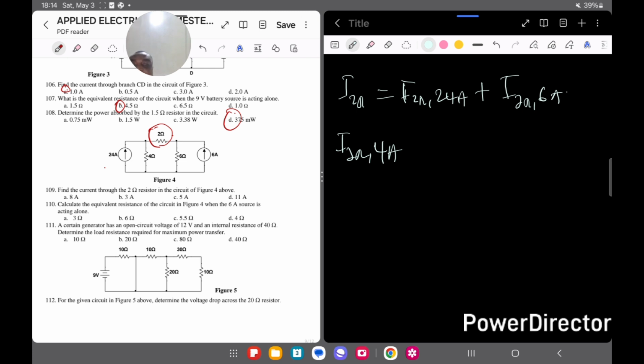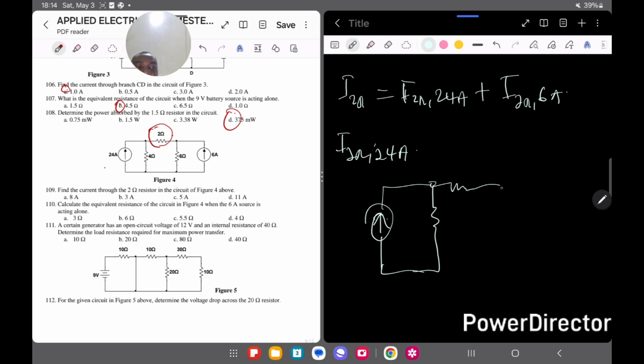To do this, I'm going to sketch the diagram. We are maintaining the 24 amps current source, since it is acting alone, along with the resistors.